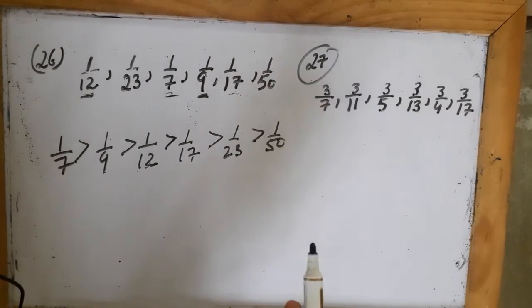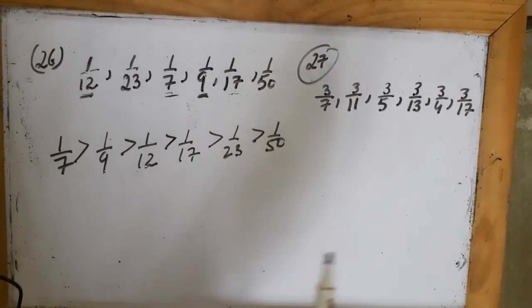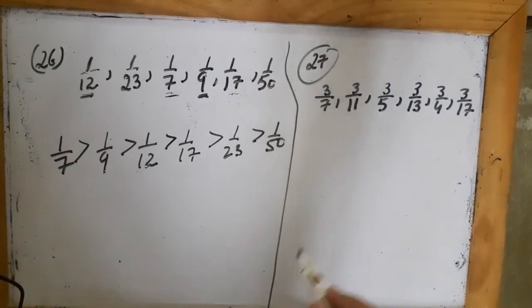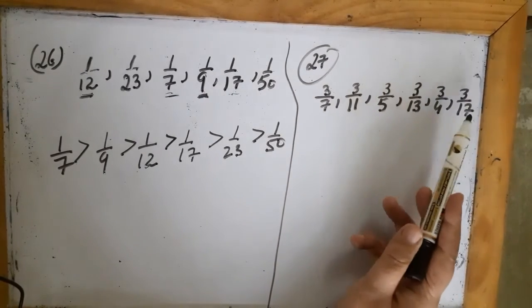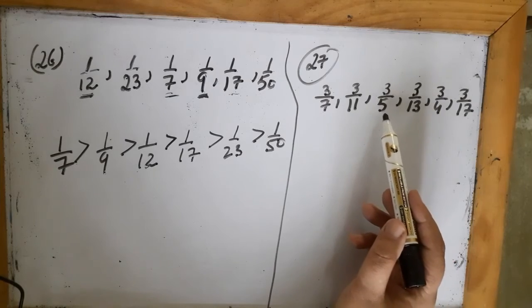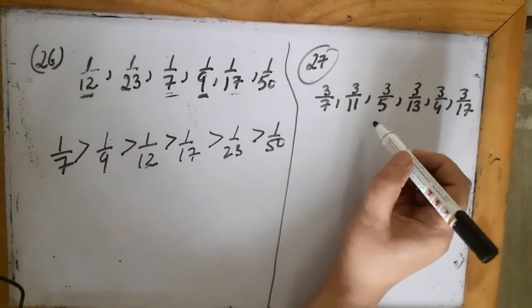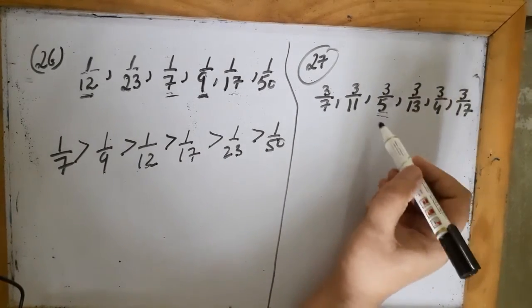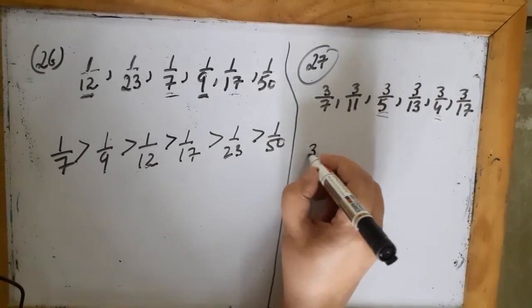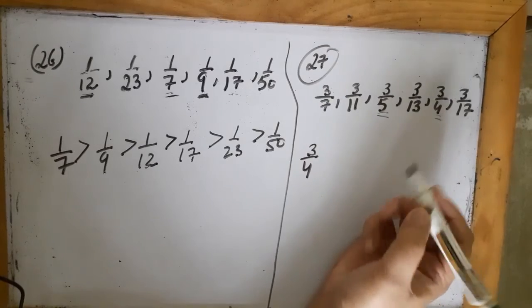Now the 27th question also is the same. As you can see, all of them have the numerator 3. So I will look at the denominator, and the rule says the smallest denominator makes the biggest fraction. So 4 is the smallest here, so 3 by 4 is the biggest fraction.